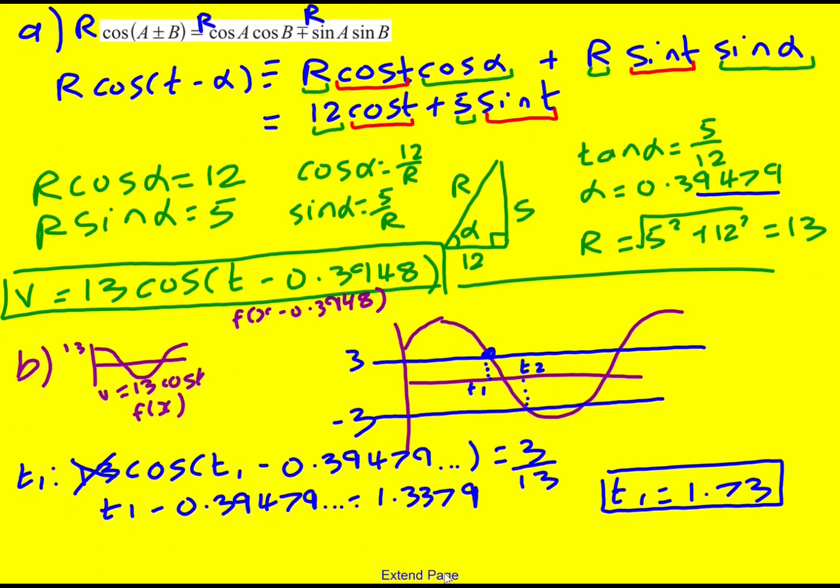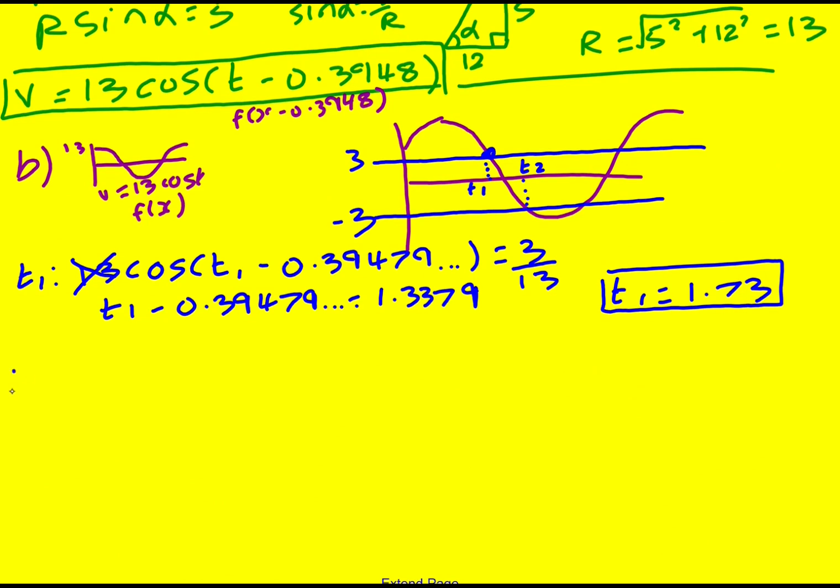And then for t2, it's going to be very, very similar. Kind of tempted to not even show my work. We're just going to get the same thing, but it's going to be minus 3 over 13.